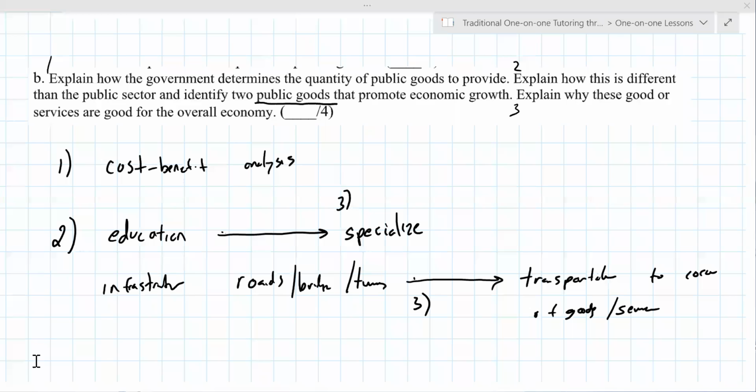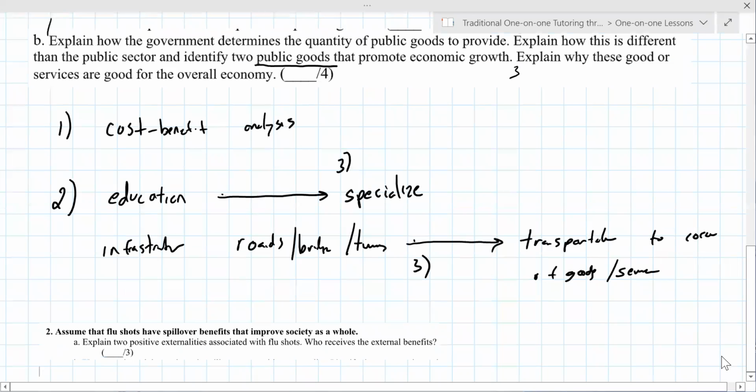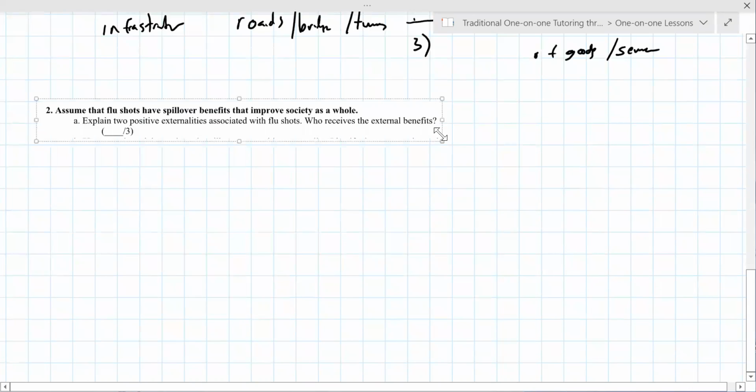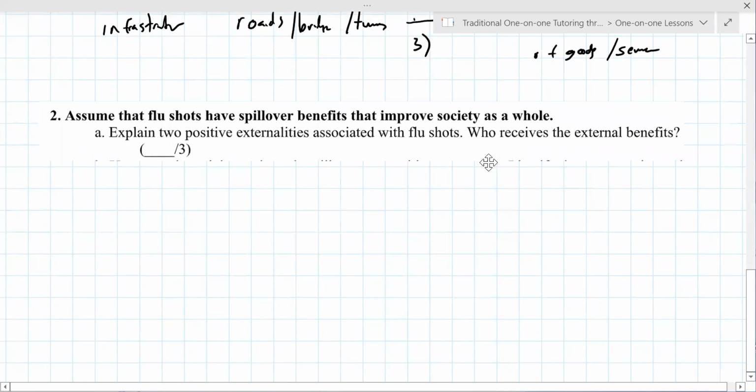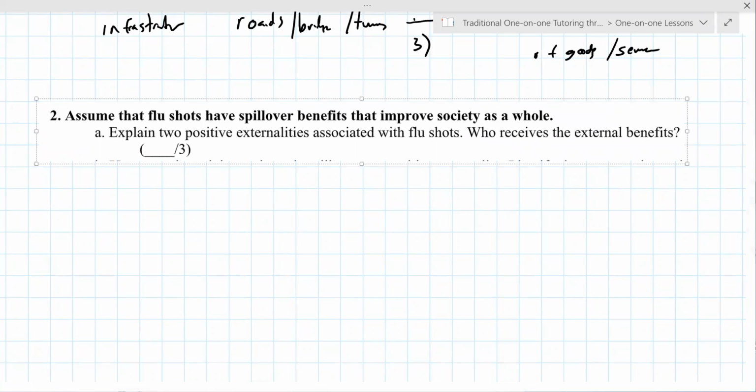All right. So 2A says, assume that flu shots have spillover benefits that improve society as a whole. Explain 2 positive externalities associated with flu shots. So first of all, what is a positive externality? Do you remember that from class?